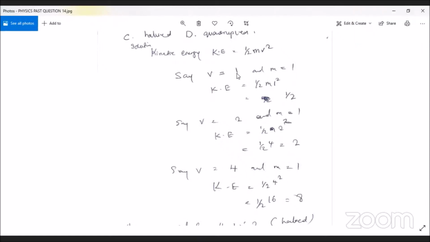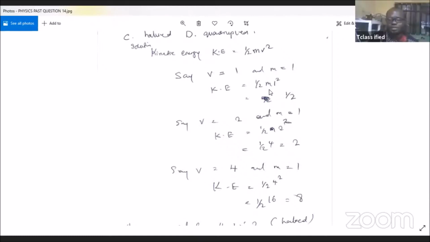So if you assume the speed to be 1, what is the KE? Simply substitute. You're assuming mass to always be equal to 1. So if you substitute, you get half. If you assume the speed to be 2, the mass is 1, substitute, you get KE to be 2. If you assume the speed to be 4, substitute, you get your KE to be 8.